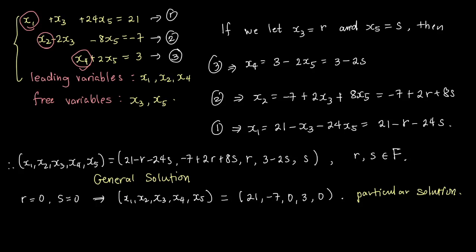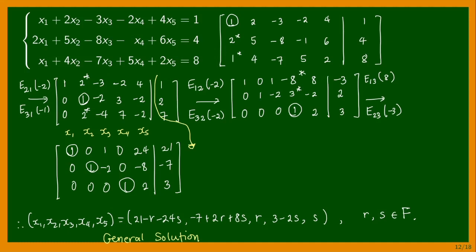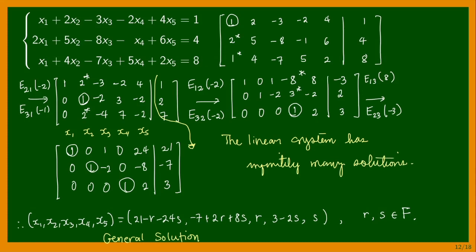There are infinitely many particular solutions. And the general solution is written in parametric form like this. So what we can conclude is that the linear system has infinitely many solutions.